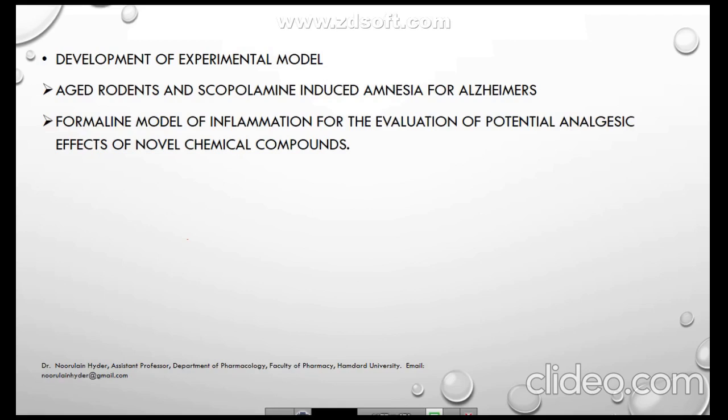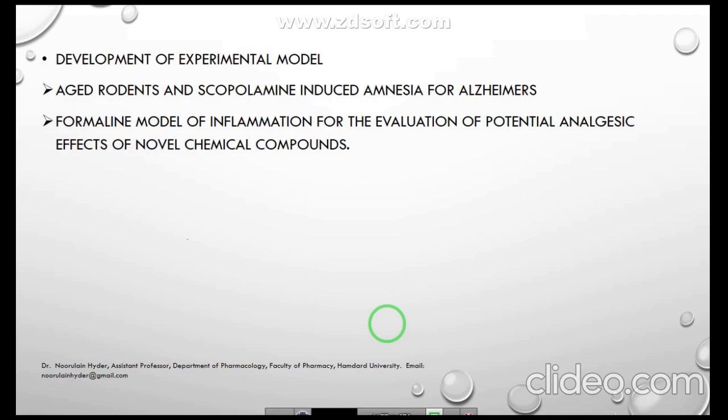So, aged rodents and scopolamine induced amnesia. Scopolamine induced amnesia for Alzheimer's. Scopolamine is a muscarinic acetylcholine receptor antagonist which disturbs learning and memory, and it causes short-term amnesia. Amnesia is the loss of memory, and it is a useful model for the disease Alzheimer's.